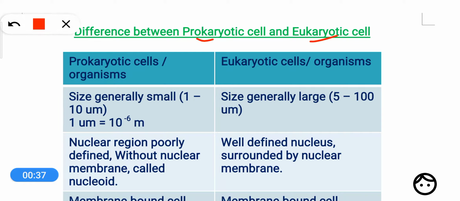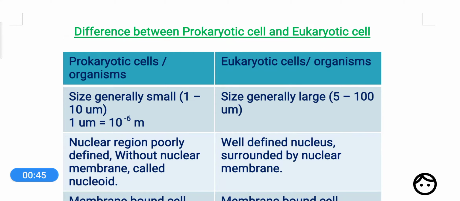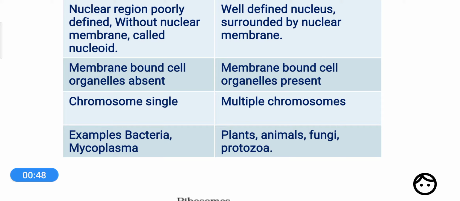Dear students, first of all, let's talk about certain examples of prokaryotic cells and eukaryotic cells. Prokaryotic cells are found in bacteria, and mycoplasma, the smallest cell on the earth, is also a type of bacteria.